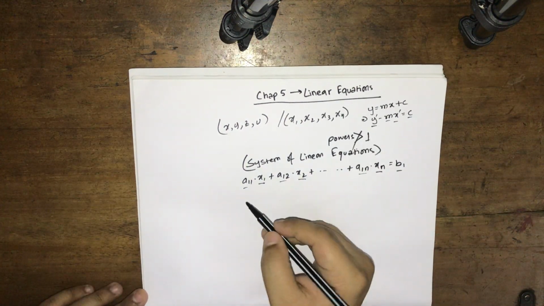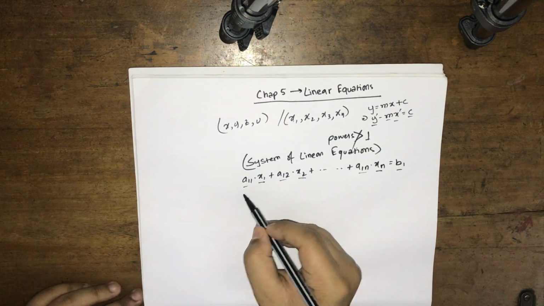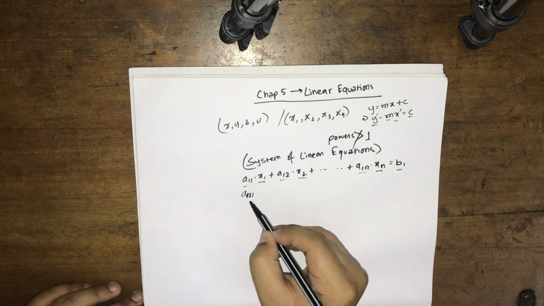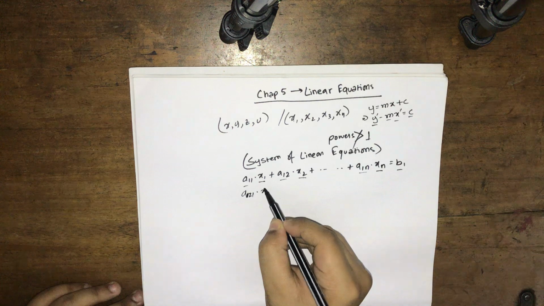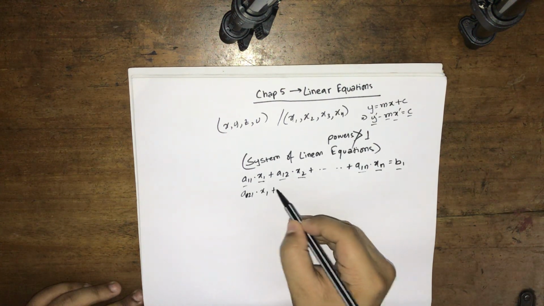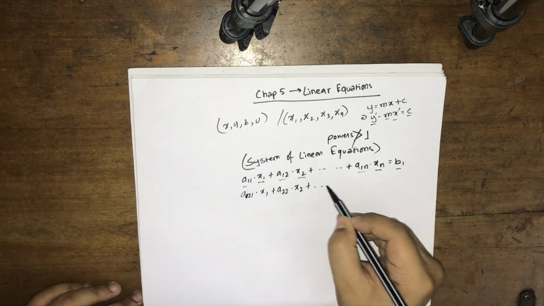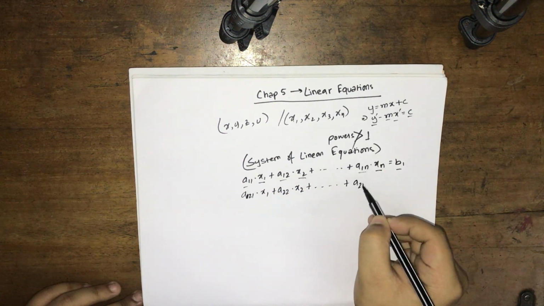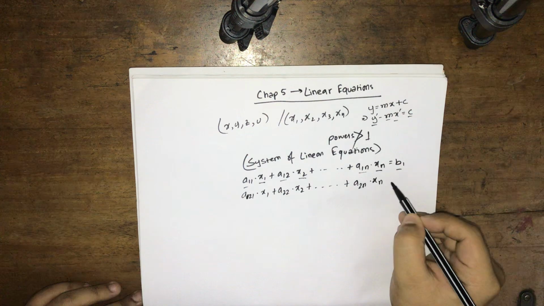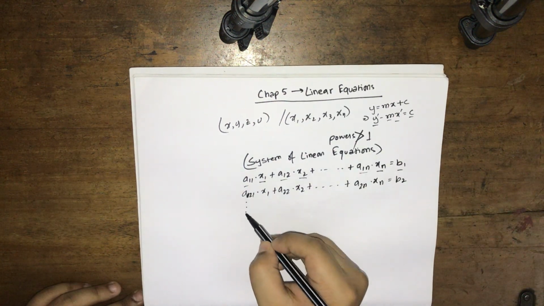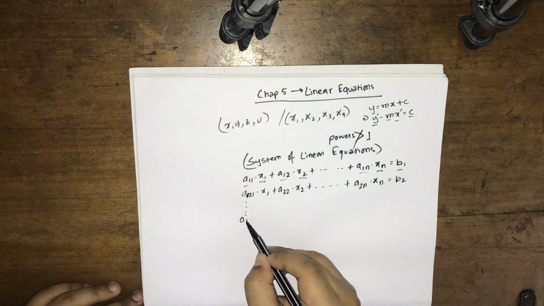All right. Let's see the second equation, how we can write it in a system of linear equations. This will start with a21 multiplied with x1 plus a22 multiplied with x2, going up till a2n multiplied with xn, equal to b2. If we continue this, it will reach an1.